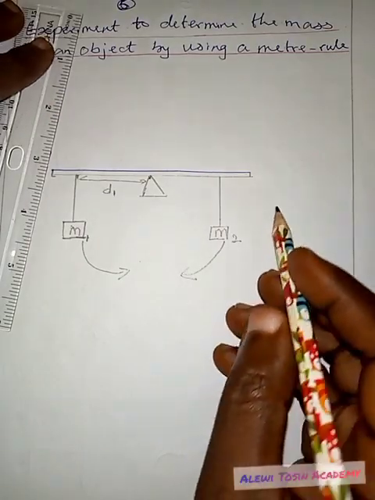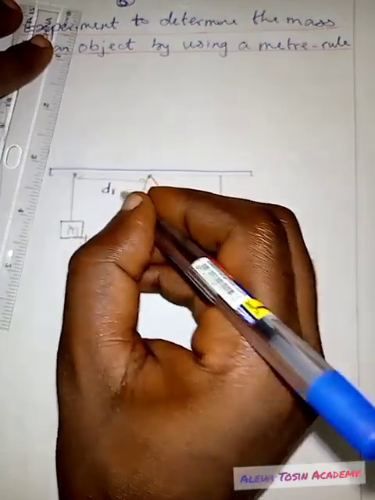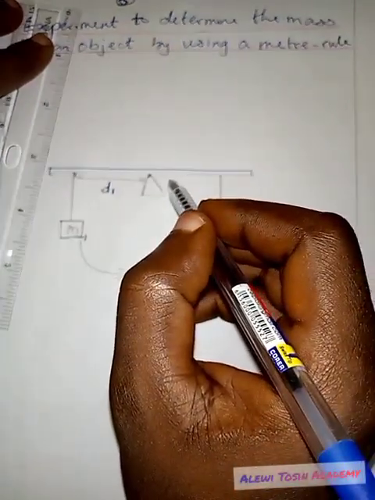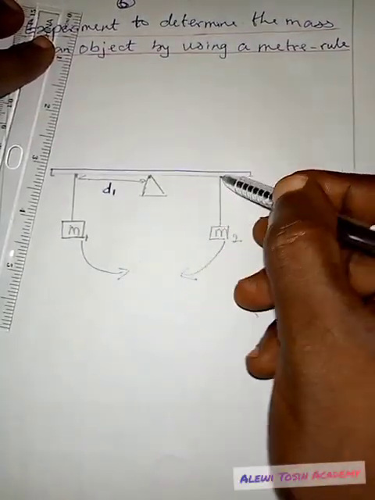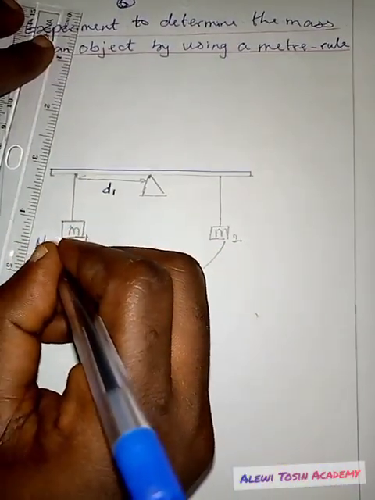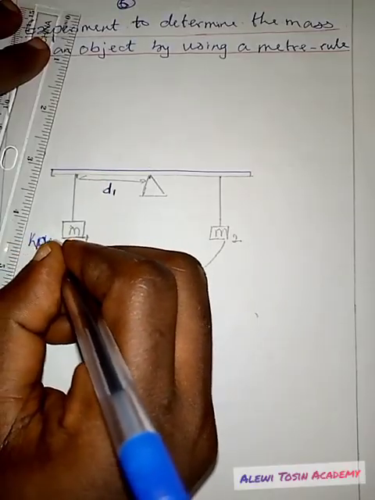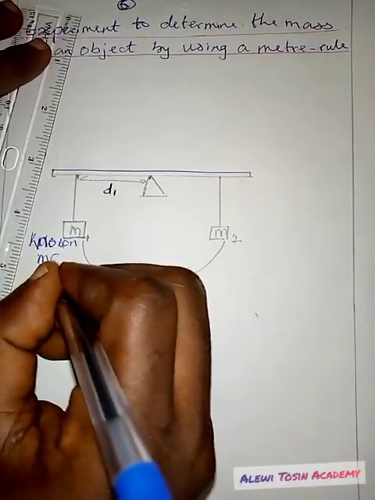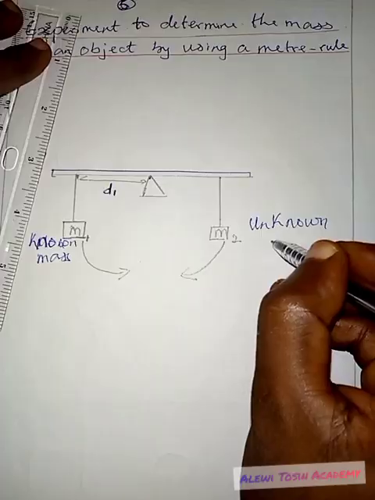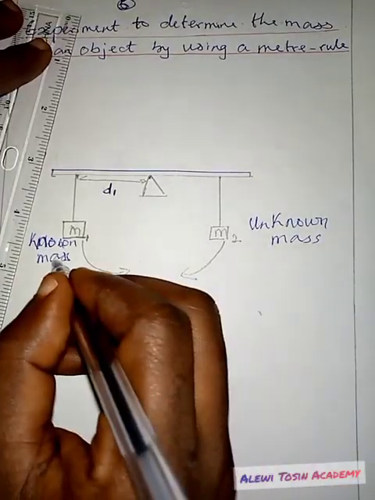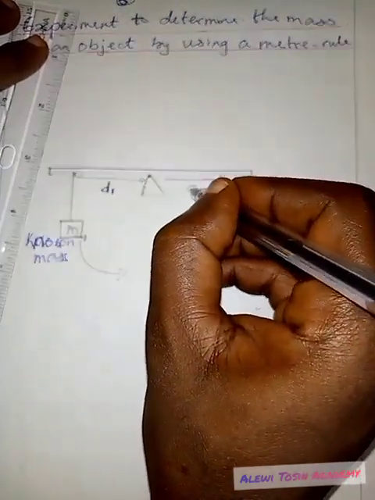That's the distance between the fulcrum and this known mass. Now, the distance between the fulcrum and the unknown mass, the one we want to determine, is our D2.